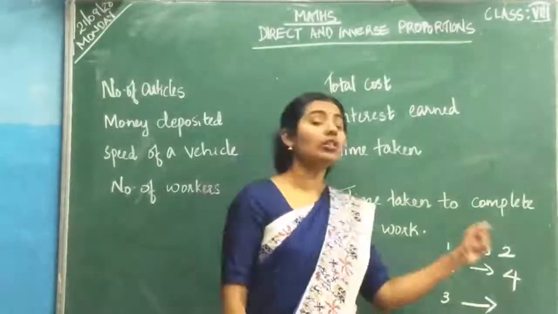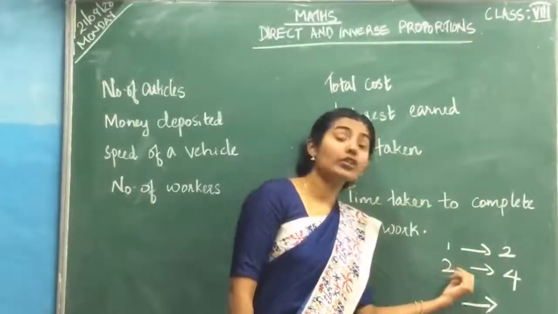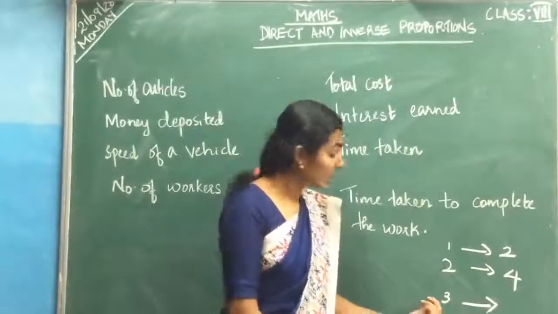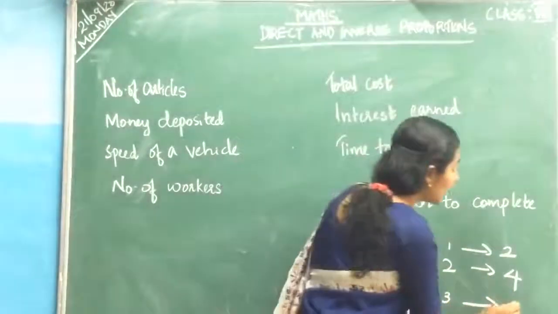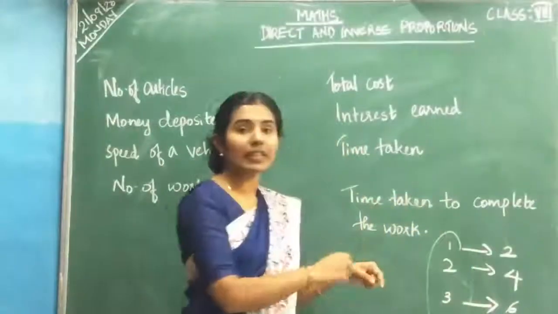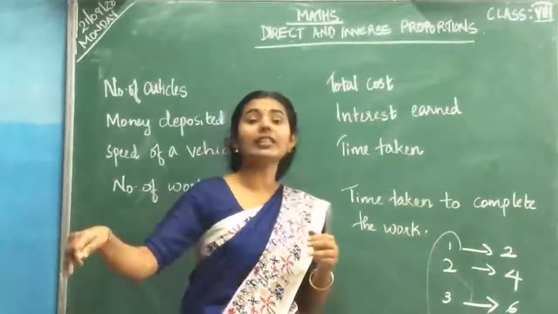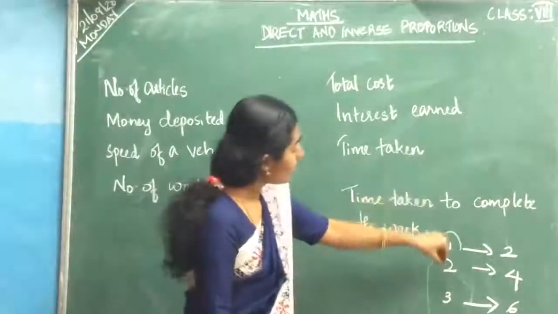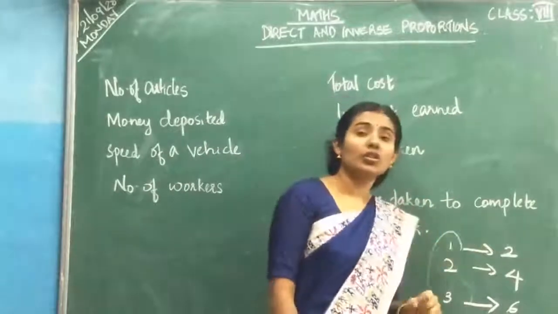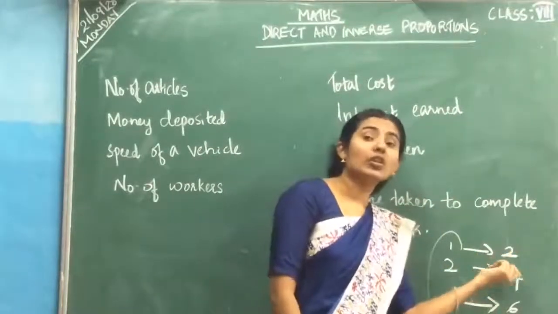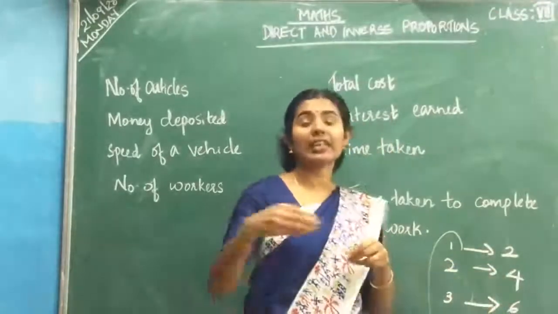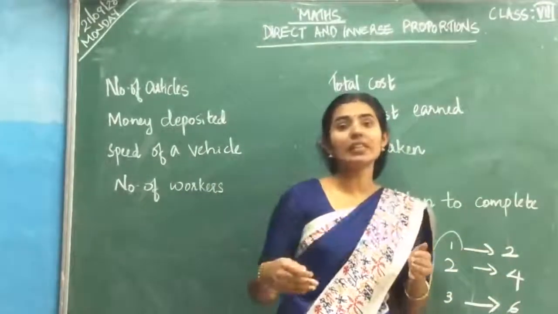If you are buying 2 items, the cost will be 4. If you are taking 3 items, the cost will be 6. The number of items is increasing: 1, 2, 3, 4, like that it is going. So corresponding to that, what will happen to the cost? That also increases. See here, 2, 4, 6, 8, like that it is going. That means it is increasing only.